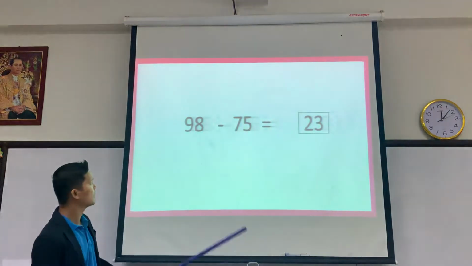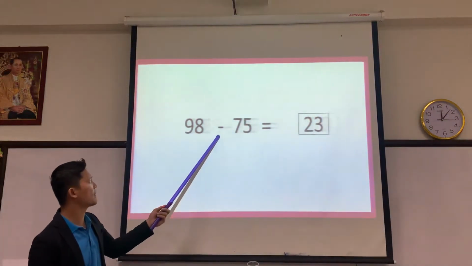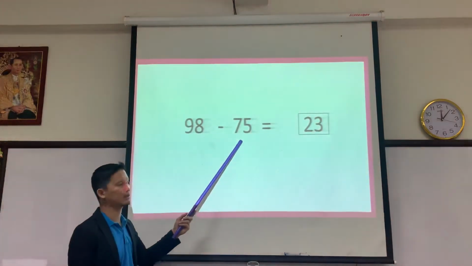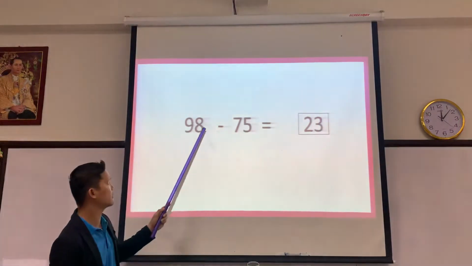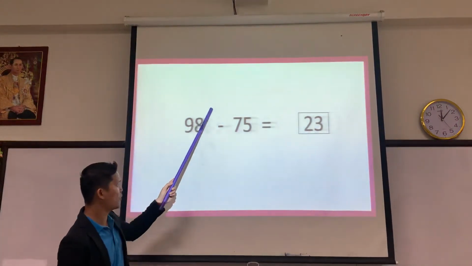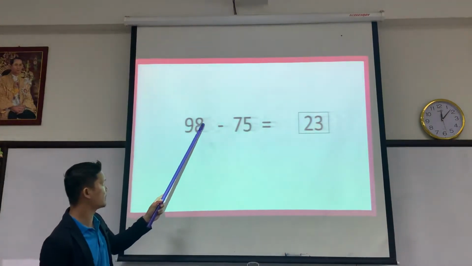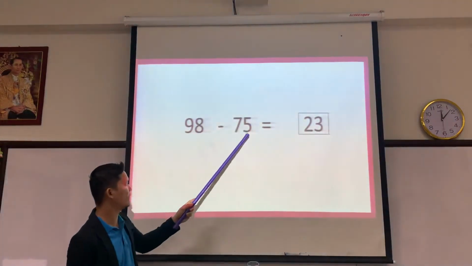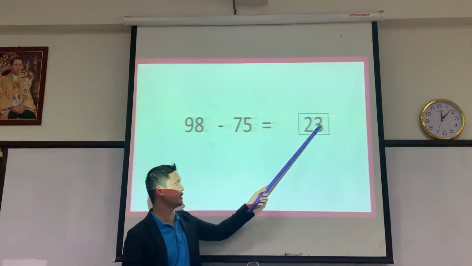Let's go to another one. 98 minus 75. So how do we get that 23 answer? We start from the ones place. 8 minus 5, so we write here 3.